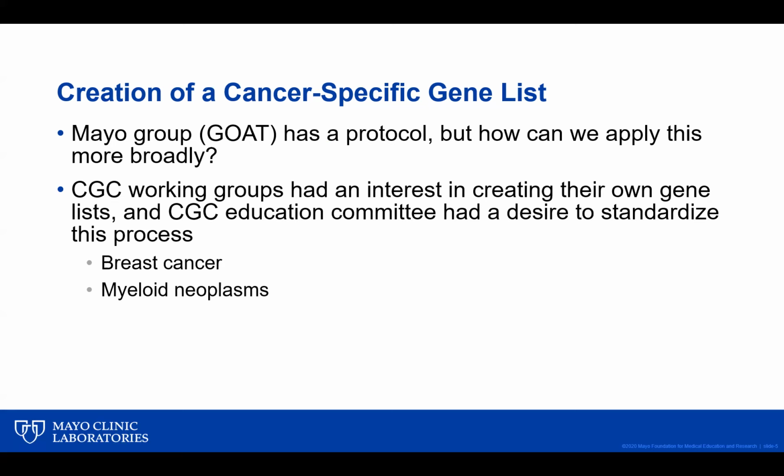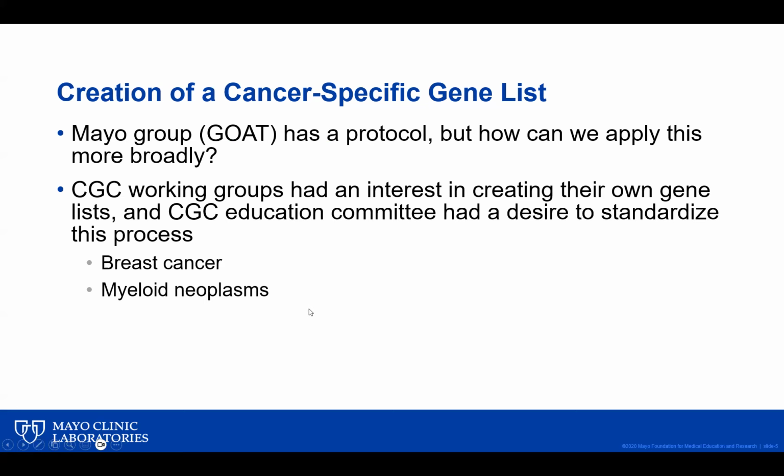Following that, the CGC working groups had an interest in creating their own gene lists, and the CGC Education Committee had a desire to standardize the process. So we started working on this back in about 2021, where we identified two of these working groups that had an appetite for creating their own gene list. So this was the breast cancer working group and the myeloid neoplasms.